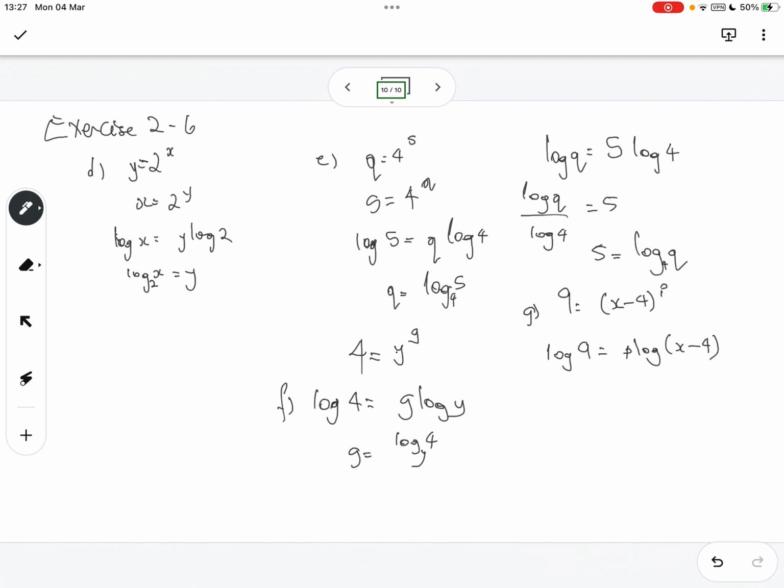So if I just say log 9 equals p log of x minus 4.